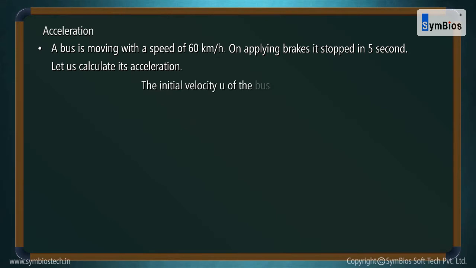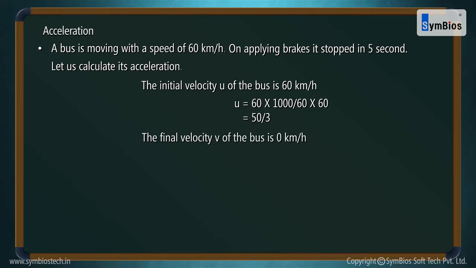The initial velocity u of the bus is 60 km per hour, which is equal to 60 into 1000 by 60 into 60, which is equal to 50 by 3 meters per second. The final velocity v of the bus is 0 km per hour. Time t is equal to 5 seconds.